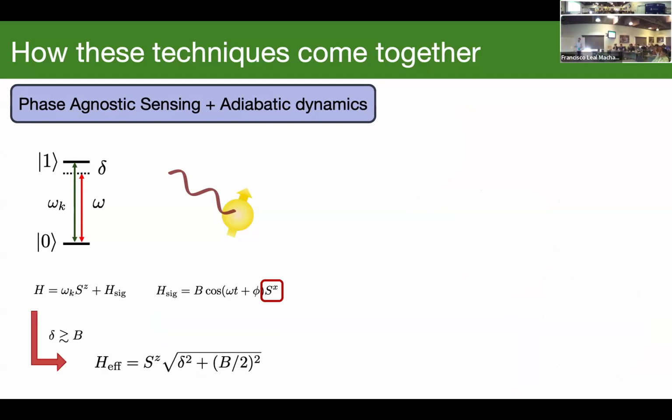And the key idea is that if you think of it this way, the presence of this field effectively induces an AC Stark shift on our qubit.